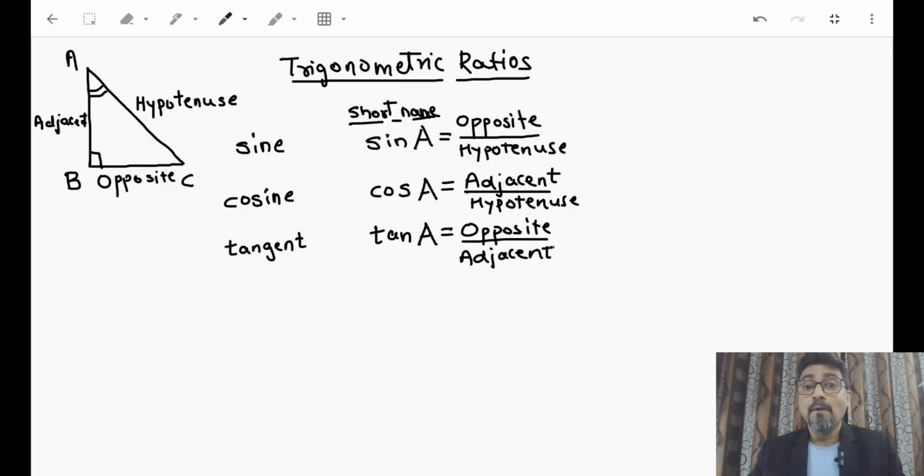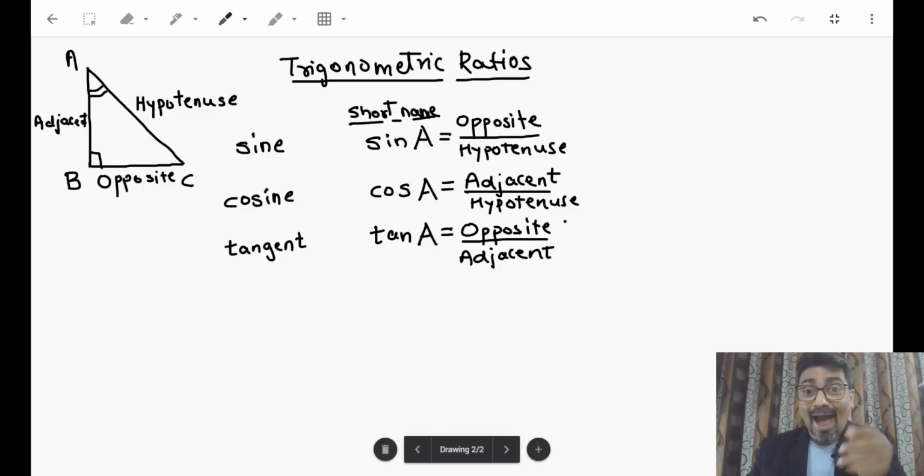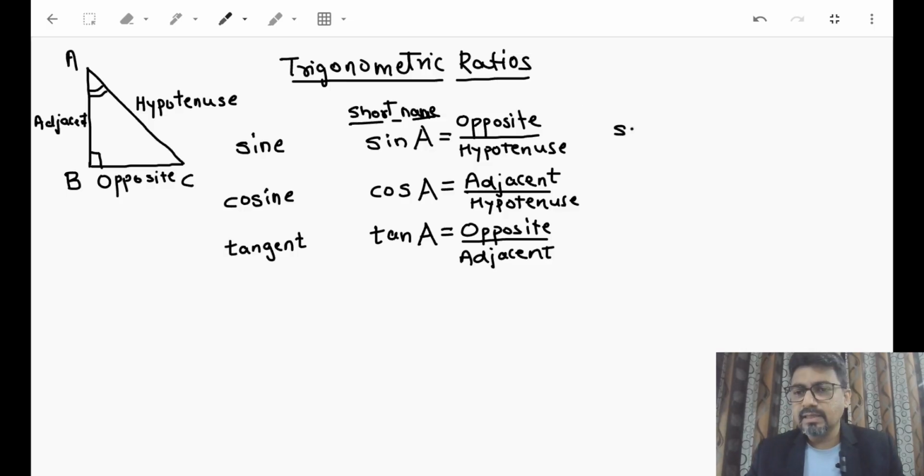So, can we now tell the actual value of sin A, cos A, and tan A by telling from triangle ABC which side upon which side? Let us go ahead. Sin A is equal to BC upon AC. Similarly, what will be cos A?